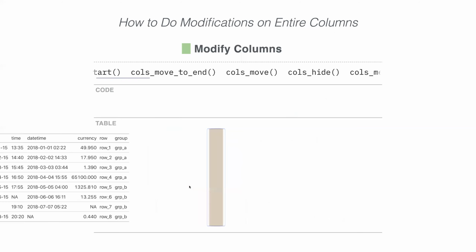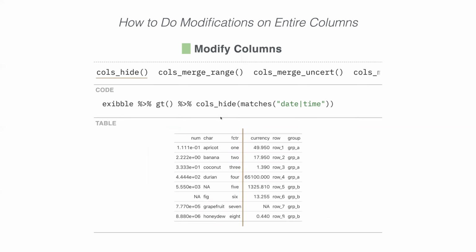You can hide columns. Say you don't want date and time, or anything that matches date and time. There are just 3 columns that match that regex: date, time, and datetime. It'll just hide them. They were here in the middle, and now they're gone. Why would you even do that? Well, why include them in the first place? Say you want to use different columns to do some work on some other column, like maybe that row expression.